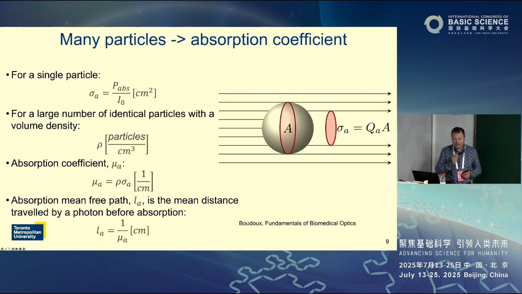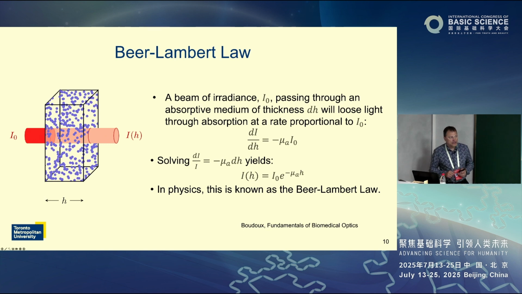This is the mean distance traveled by a photon before absorption. And that's exactly the inverse value of the absorption coefficient. And in physics, we describe the absorption process through a first-order differential equation called the Beer-Lambert law.